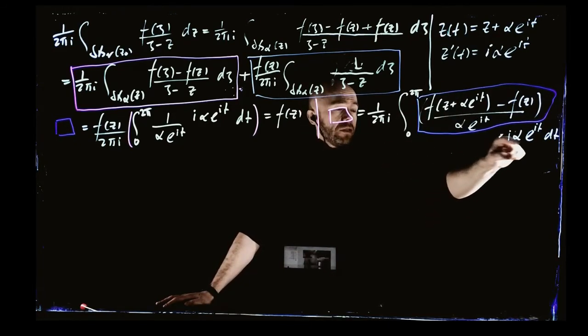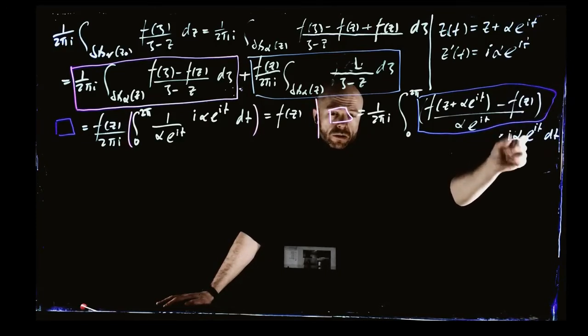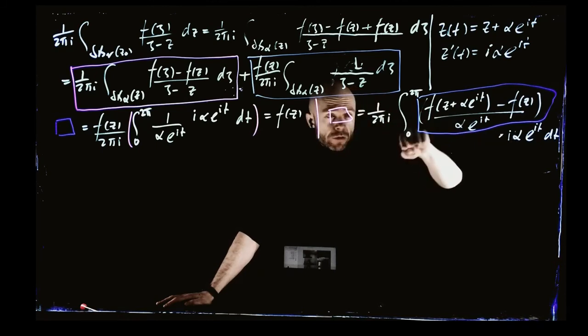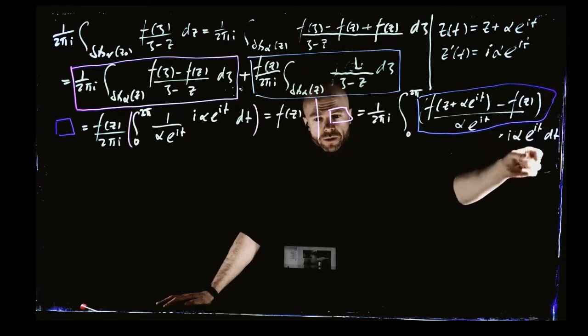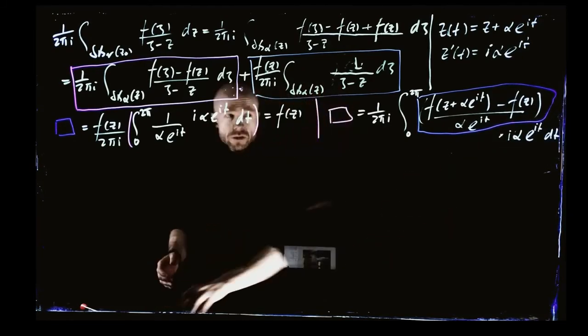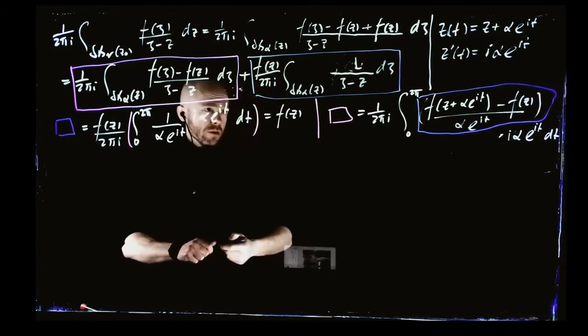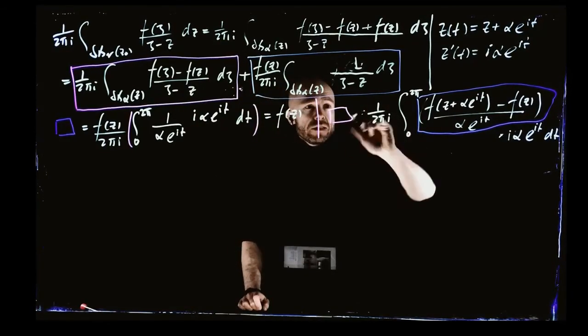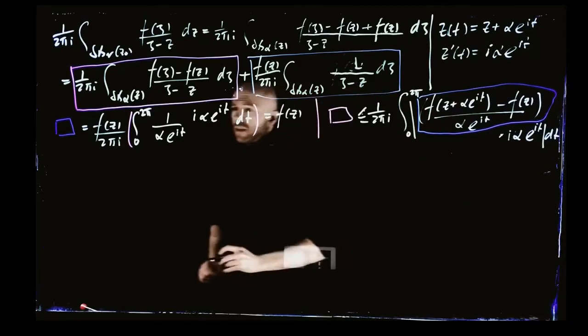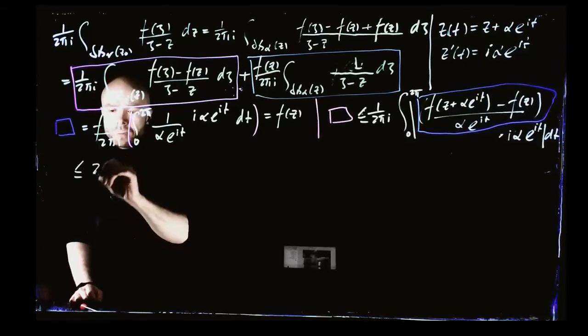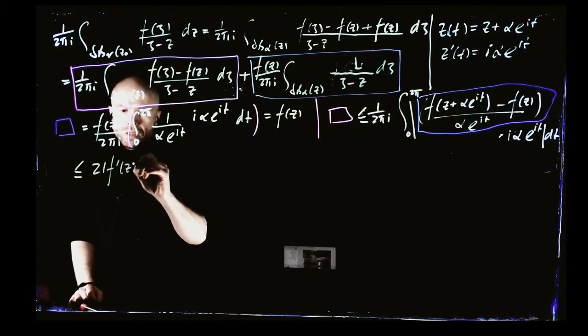What about this thing? Well, this thing is just a complex number whose absolute value is equal to alpha, right? So we're integrating something from 0 to 2 pi, multiplied by a bounded thing, times something whose absolute value is bounded by alpha. So if we take absolute values inside this thing, then it is going to be less than just 2 f prime of z.